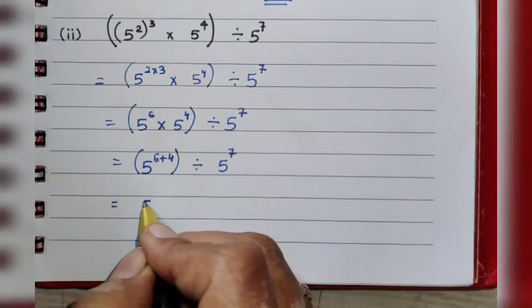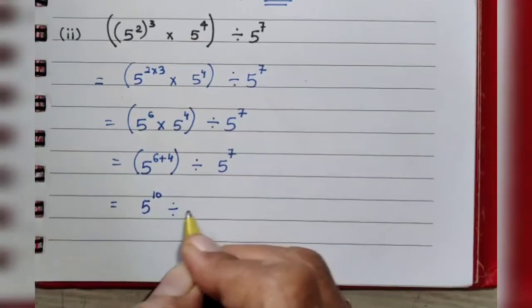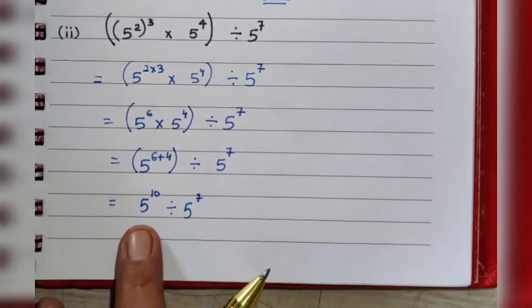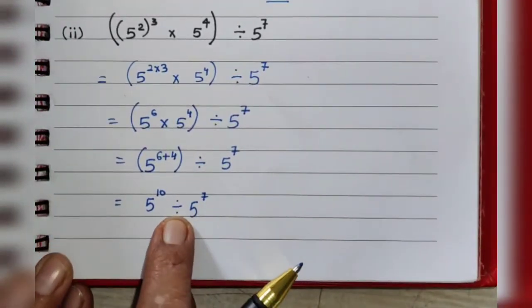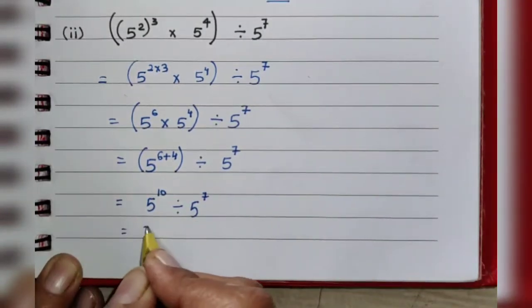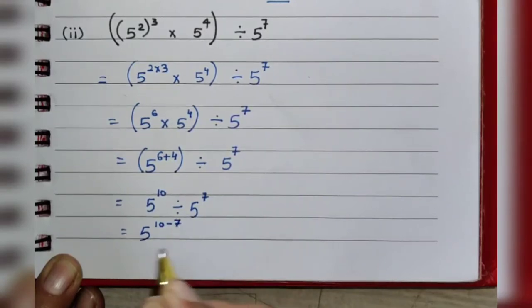Now 6 plus 4 is 10, that is 5 to the power 10 divided by 5 to the power 7. Now the bases are same, division sign has come, so 10 and 7 will get subtracted. That is 5 to the power 10 minus 7.